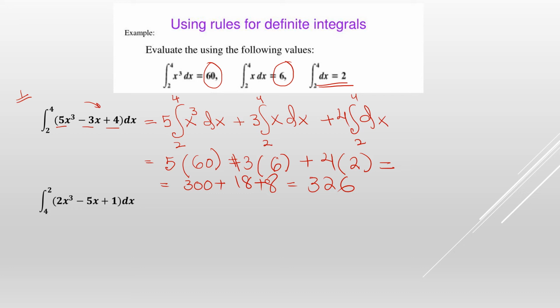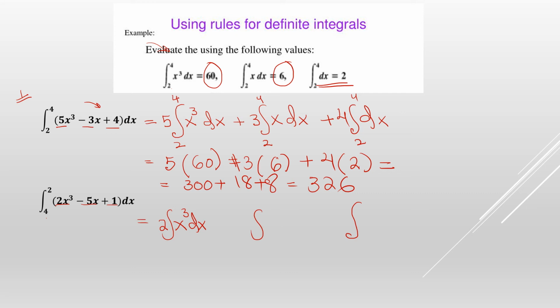Now similarly find the value. Here the limits are 4 to 2, whereas in the given data, everything is in the form of 2 to 4. So the first thing is to write three integral signs, because here we have 2x cube minus 5x plus 1. First, 2 is outside and x cube inside, and with every term we write the dx.